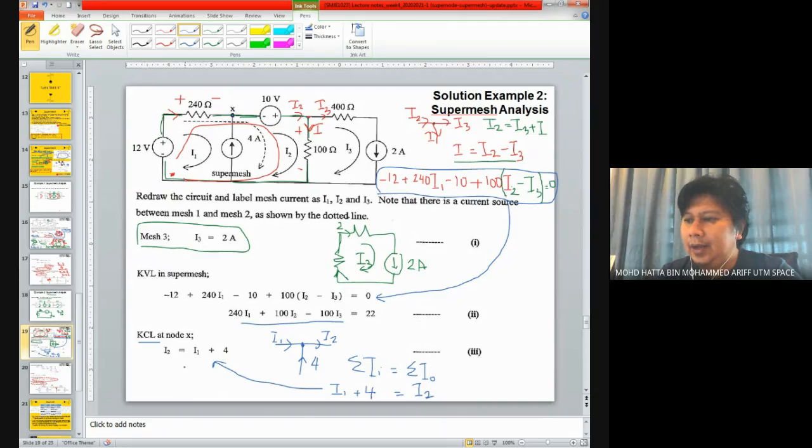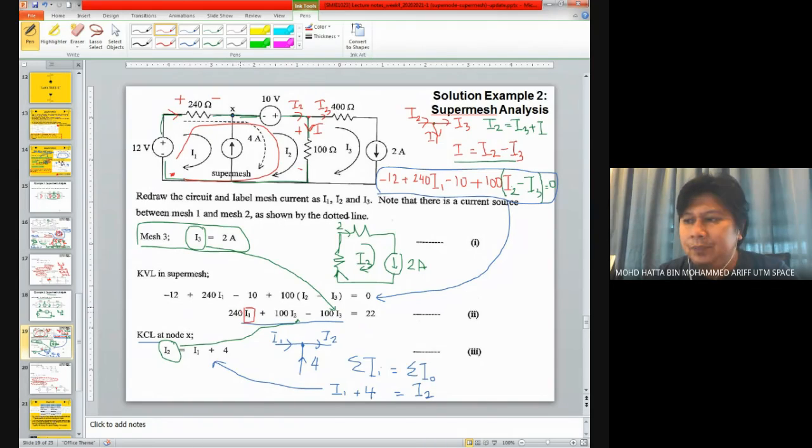Okay, if you look at both equations, if I substitute this I2 inside here, I will reduce this equation into two unknown variables. Still not enough. However, looking at the first one here, I3, if I substitute this I3 inside this equation, I can simply reduce it into one unknown variable, and I can find the value of I1 easily.